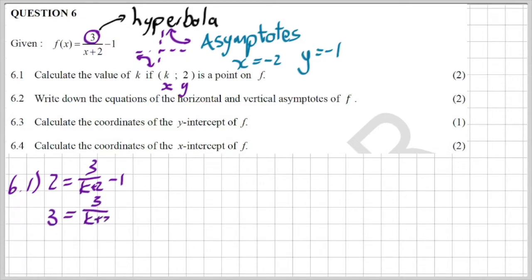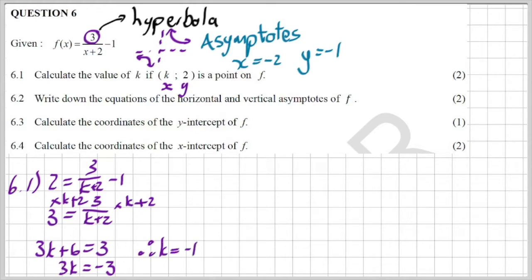I'm going to take that negative 1 over, making it plus 1, or add 1 on both sides, depending on how you want to frame it. Then I'm going to multiply by k plus 2 on both sides because it is a fraction equation, leaving me with 3k plus 6 equal to 3. And now I'm just solving for k.